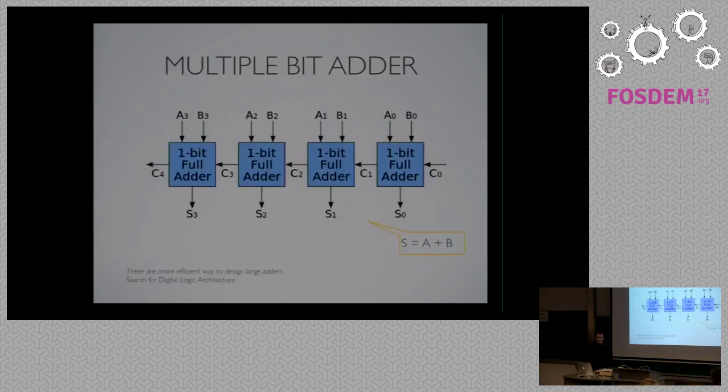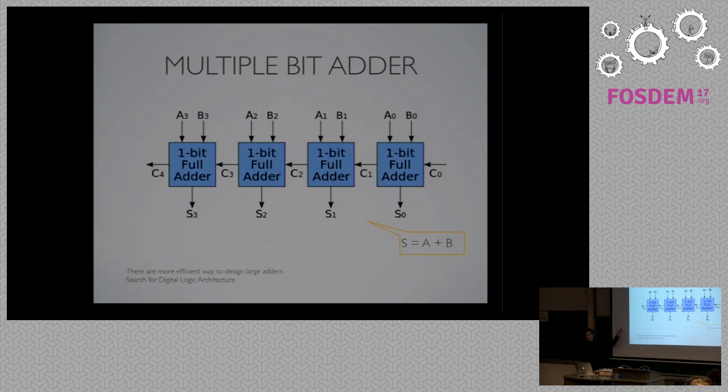And here you have a 4-bit adder. And if you want a 32-bit adder, you can just replicate this scheme several times. So you have inputs A and B, the sum, and at the end, a carry that you can ignore. This is how you do a summation, an addition in hardware.